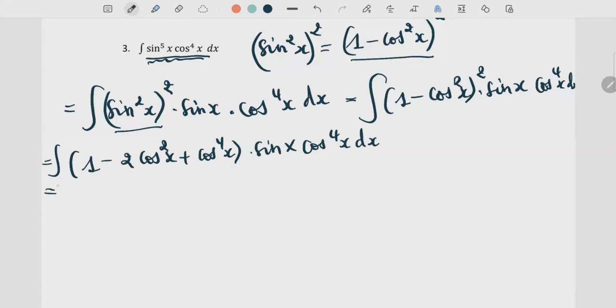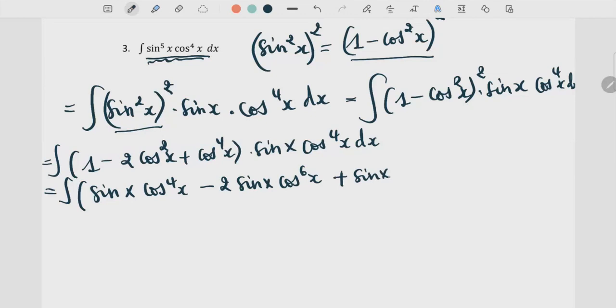which will give us, when we expand, sine x cos to the 4x minus 2 sine x cos to the 6x plus sine x cos to the 8x dx.